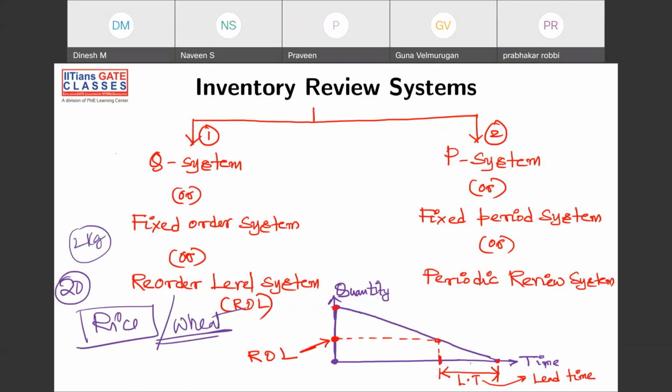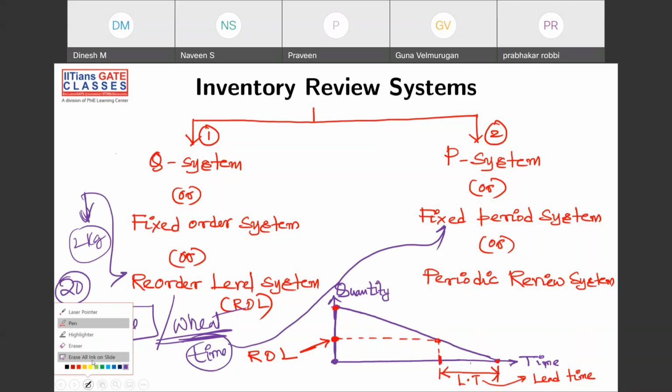Now this is the time I have to order. Sometimes you will look at the quantity. Sometimes you see it's been 1 month since I've ordered, and let me order again. So you are looking at time sometimes. If you are looking at quantity and ordering, it is called reorder level system. If you are looking at time and ordering, it is known as fixed period system. For fixed period, you order a variable quantity.